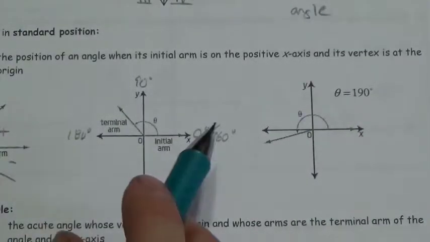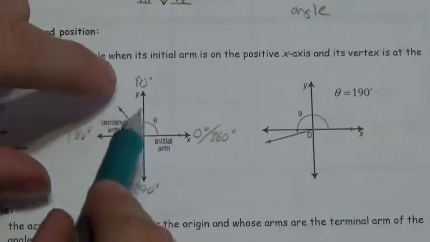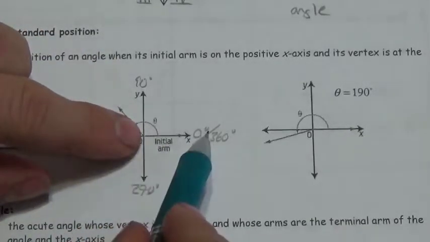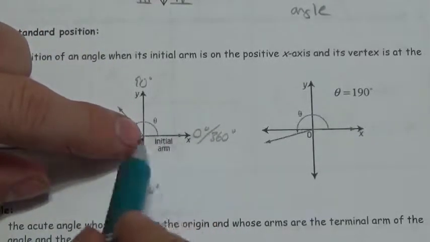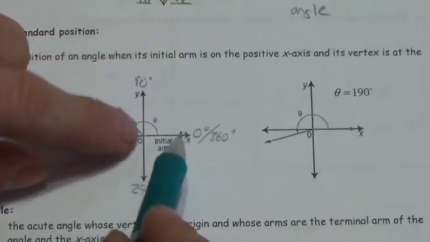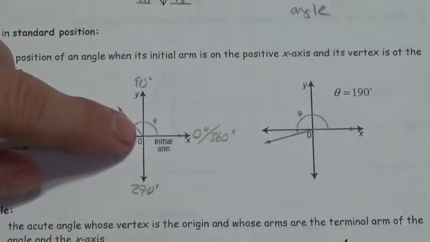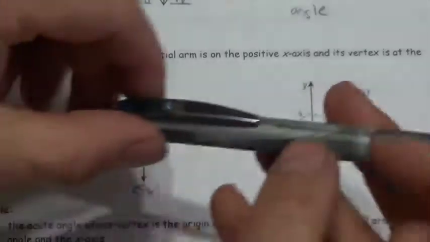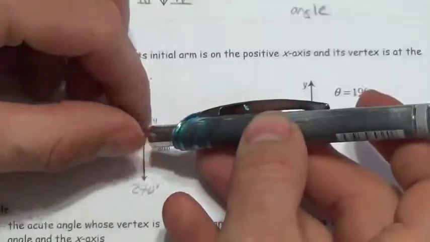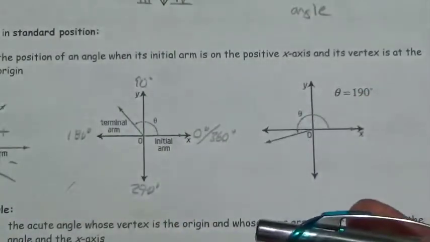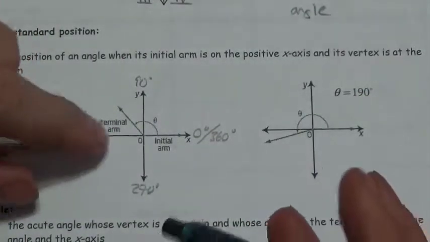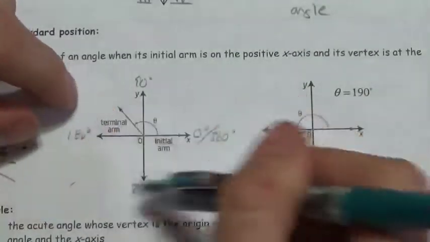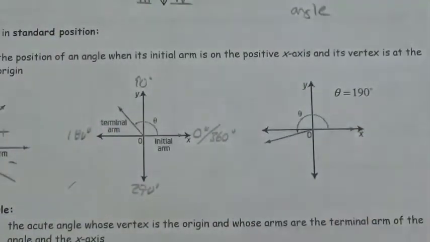So when that terminal arm wraps all the way around and ends up pointing this way, that could be a 0 degree angle, or wrapping all the way, that could be 360 degrees. So what we see happening here is that 0 degrees and 360 look exactly the same. 1 degree and 361 degrees look exactly the same.